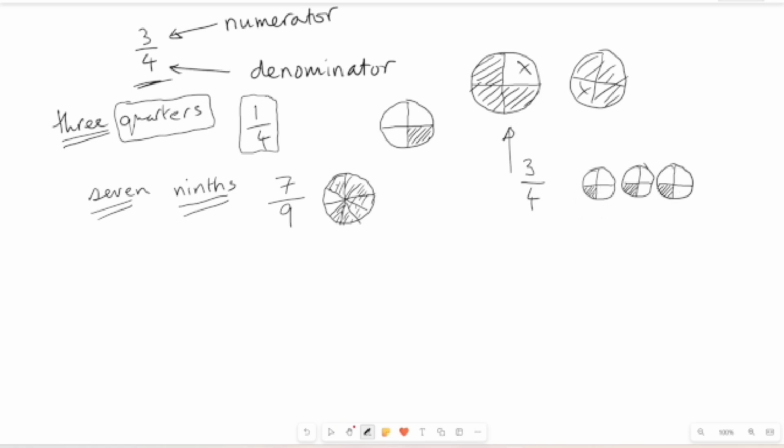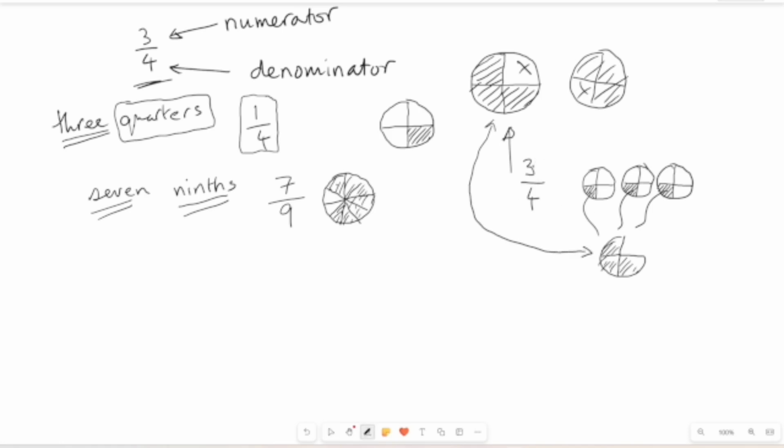So if we put all these 3 slices together, what we end up with is 3/4. That one there, for example, goes here. This one there will go there, and that one there will go there. And we can see that these are exactly the same.